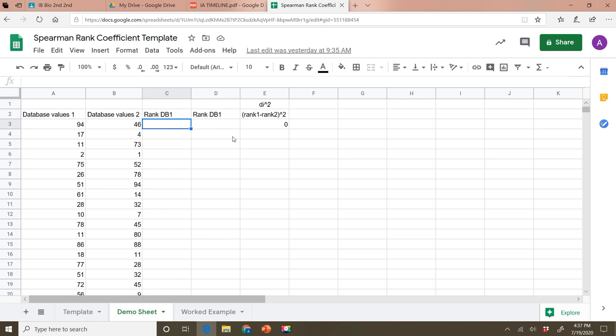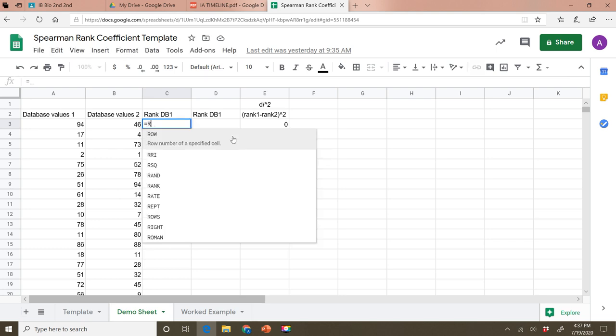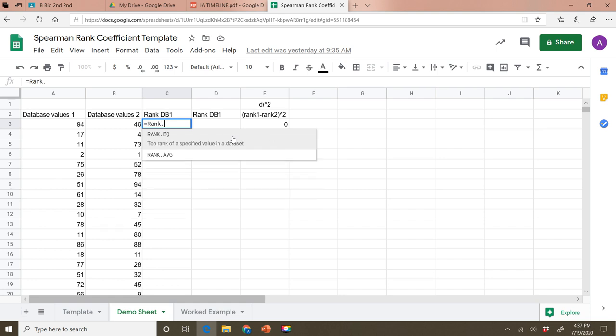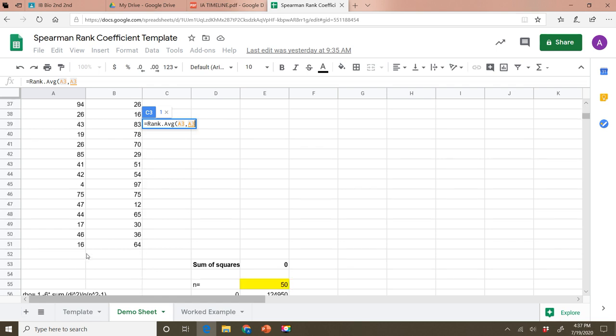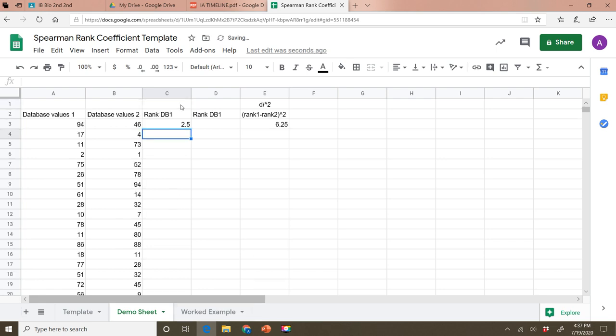To get that, I just type RANK.AVG, and I'm going to select this cell because that's what I want to know, where this number compares to this entire column. Then I can close the bracket.